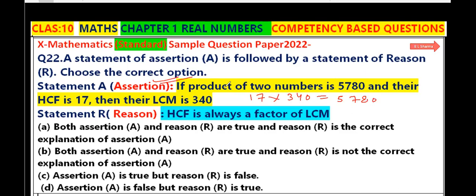Because we know that the product of the two numbers is equal to the product of their SCF and LCM. And the reason: SCF is always a factor of LCM. Yes, SCF always divides LCM. That is why SCF is always a factor of LCM. Here the reason is correct, and the assertion is also correct.